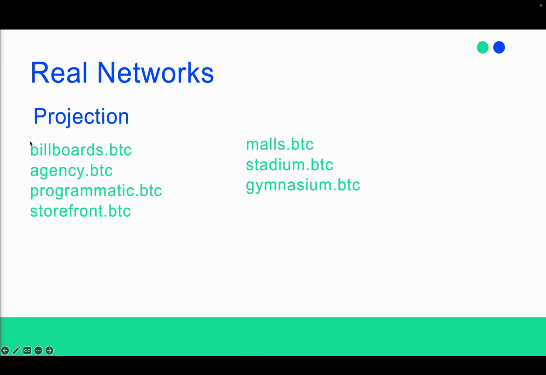Real networks, so we can show ads on real billboards. We can show them programmatically. We can show ads on storefronts, on malls, stadiums, on gymnasiums, and these ads have some dual broadcasting on cell phones and AR screens. However, advertisers could choose not to display ads on AR screens, only display ads on real screens, but they have the capability of doing dual display.